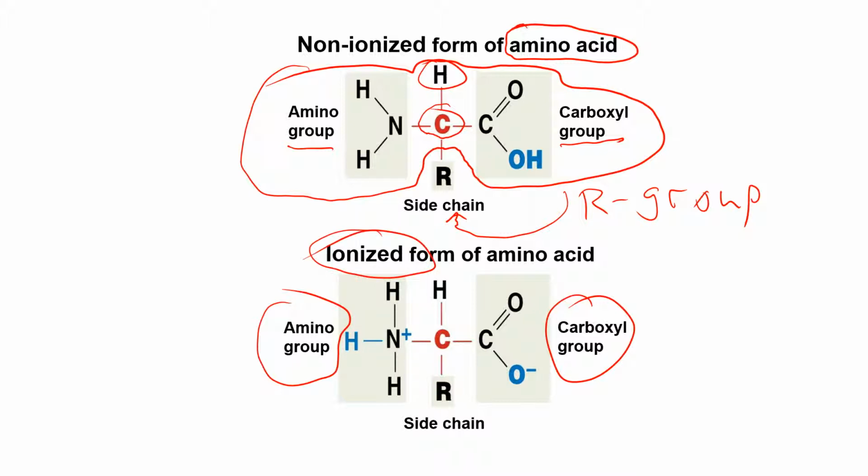So your carboxyl group has a negative charge and your amino group has a positive charge. That means the beginning of your protein, your very first amino acid, has a free amino group with a positive charge, and the last amino acid that makes up the protein has a free carboxyl group with a negative charge.